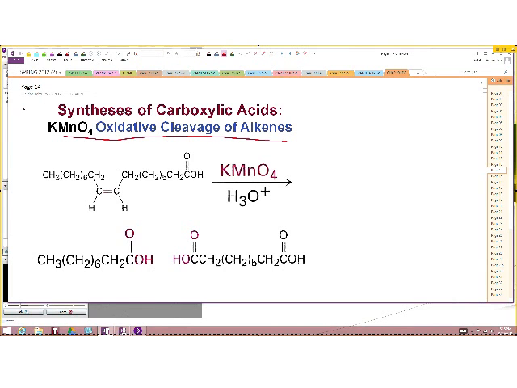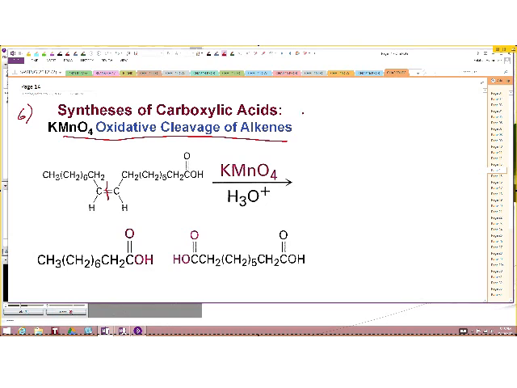So if you have a carbon-carbon double bond, just like here, with potassium permanganate you are going to cleave right here, and each one of these carbons, as long as the carbon is attached to a hydrogen atom, will be converted to a carboxyl group. Therefore in this case you get this product here.